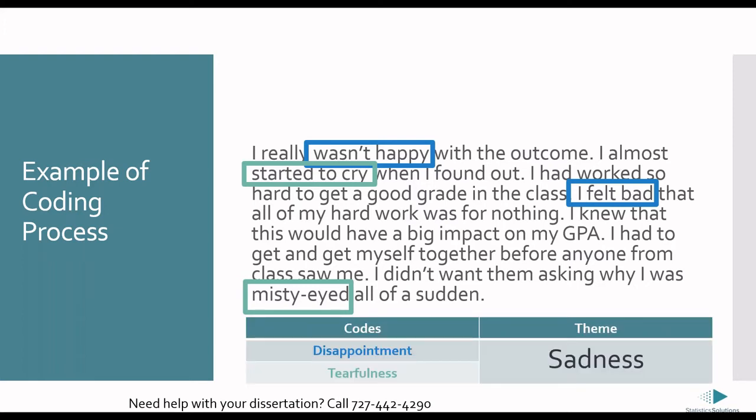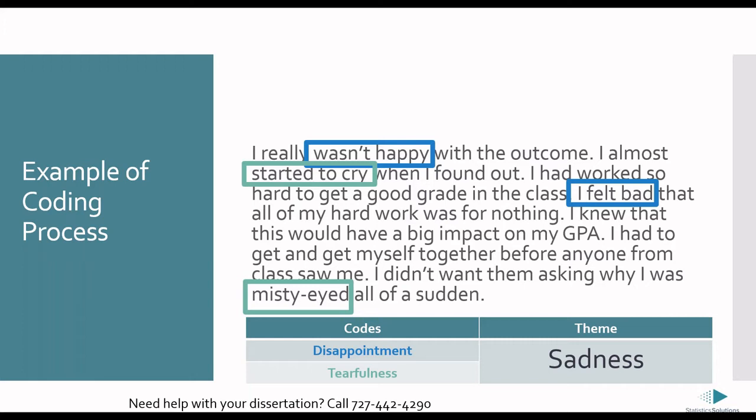So what we might do then is label wasn't happy and I felt bad with the code disappointment. That's what they have in common. Wasn't happy with the outcome is expressing some sense of disappointment with the outcome, and feeling bad about this is also part of the disappointment.